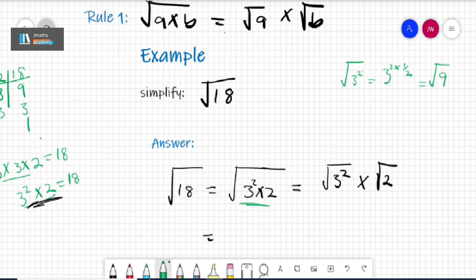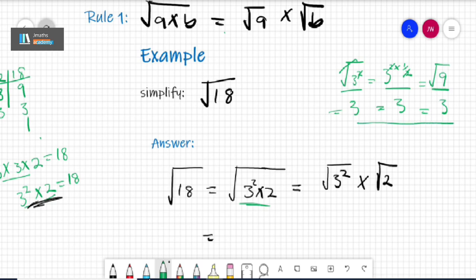So if 2 cancels this root, you'll be left with what? 3. And if 2 goes into this 2, you'll also be left with 3. And you also know that the square root of 9 is what? 3. So all these solutions can give you the same result.